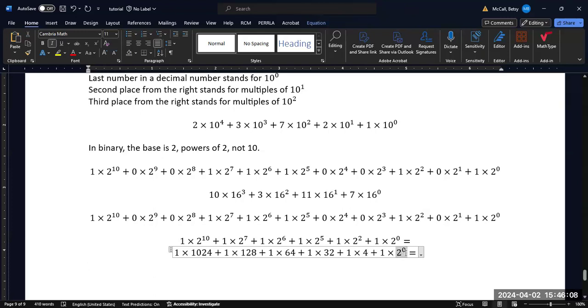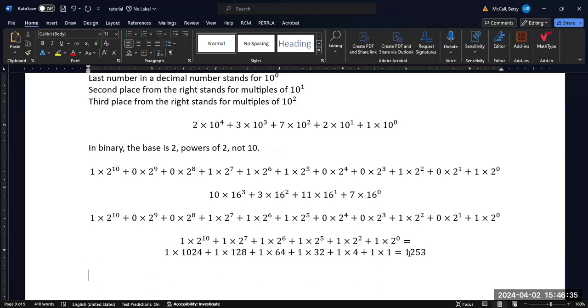And 2 to the 0 is 1. And so then you just go to your calculator. 1024 plus 128 plus 64 plus 32 plus 4 plus 1, and I get 1253. So that is our binary written in decimal form.